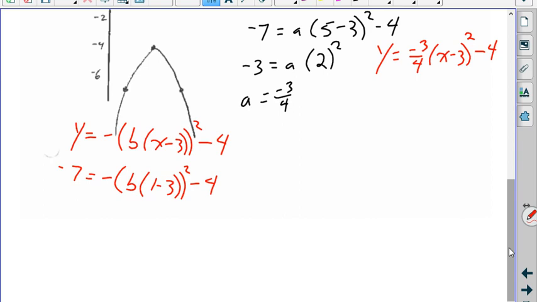Now I'm going to add 4 to both sides, gets me to -3. I'm going to divide both sides by -1. Now I could square everything, but I'm just going to take the square root at the moment.